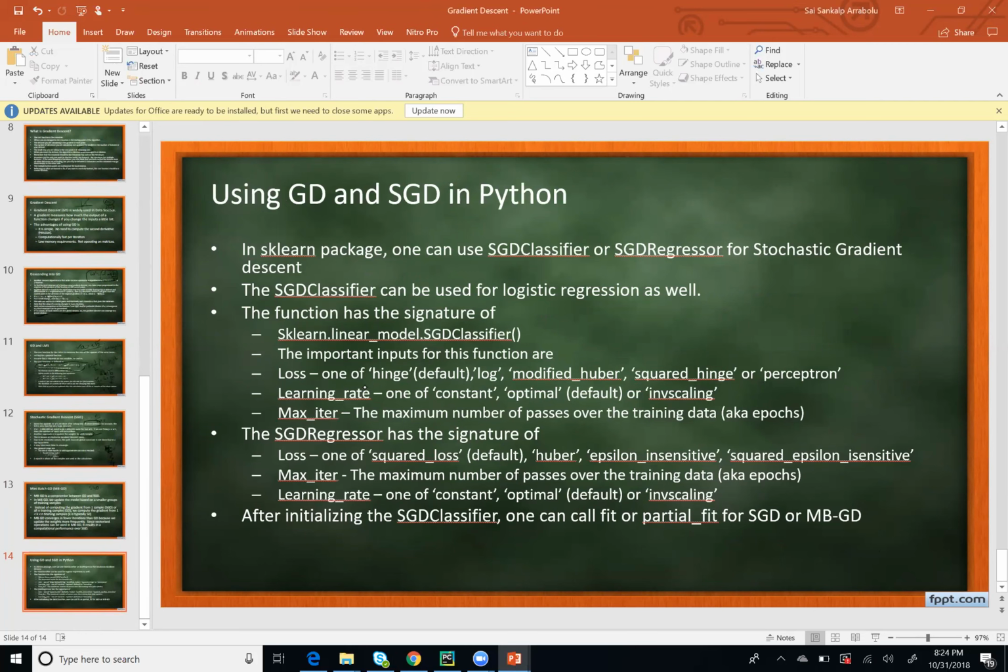So how do we do this? If you want to use stochastic gradient descent in sklearn, there is a package called the stochastic gradient descent classifier, SGD classifier. In sklearn, there's a linear model stochastic gradient. We will actually do an exercise on this.